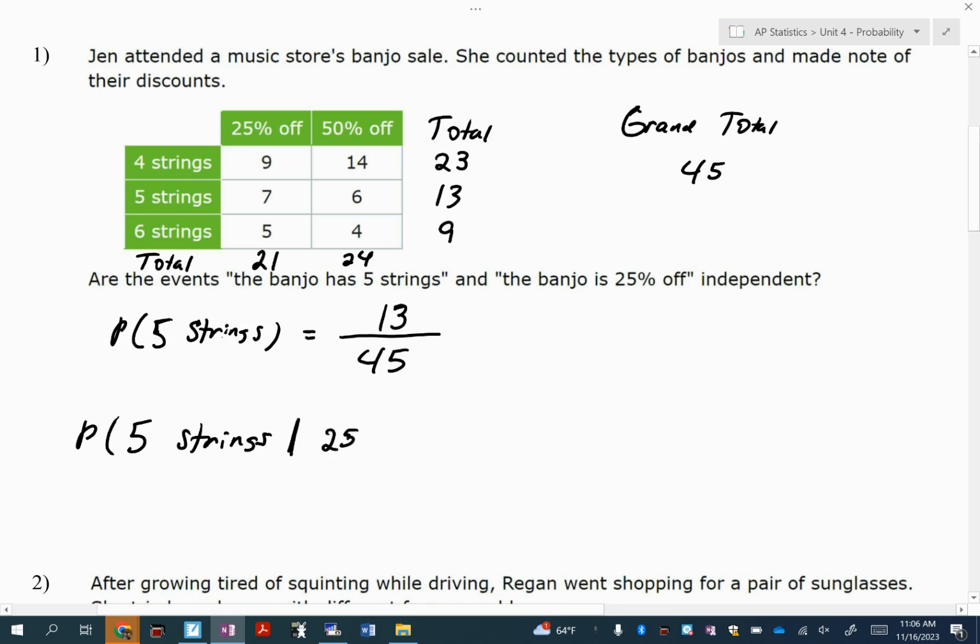25% off. So now what that does is it changes my denominator. Now my denominator is the total from that column, 25% off, which is 21. All right, and out of that column, how many have 5 strings? 7. Are these the same? Let's see.